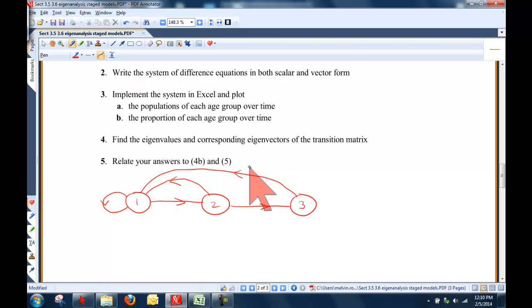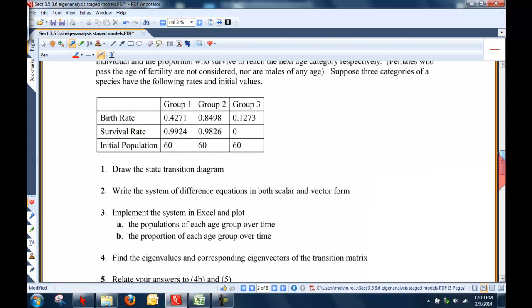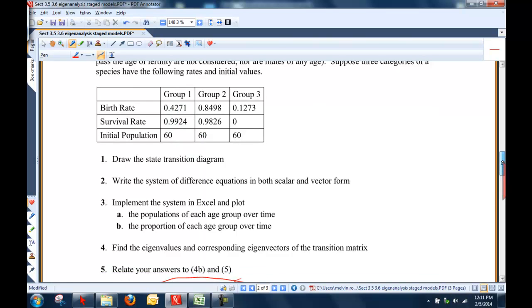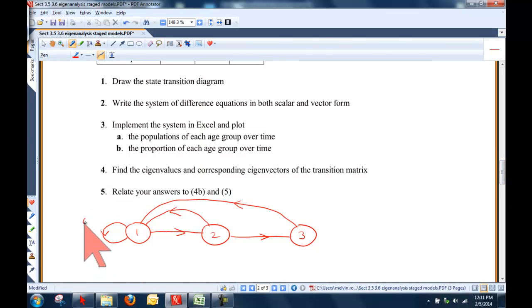And now I can put the numbers from the table. So this information is saying from group 1 we give birth at 0.427 rate. So that gives the number that goes on this loop. And likewise for the other two birth rates, 8.498 and 0.1273.